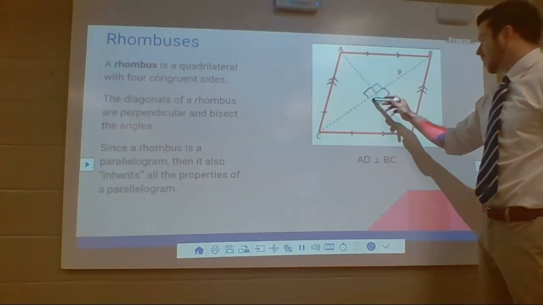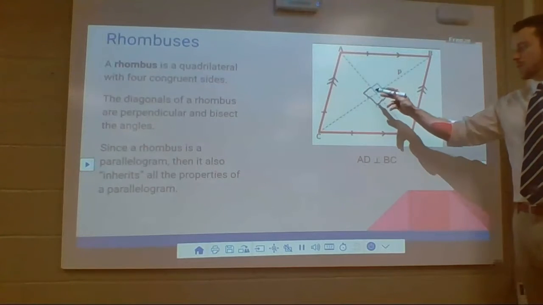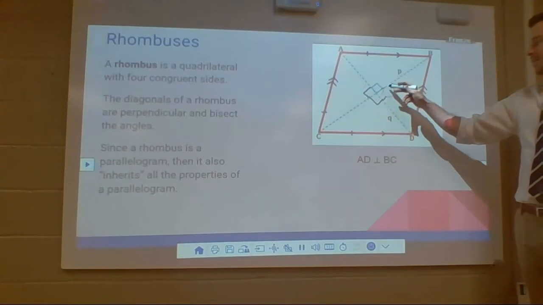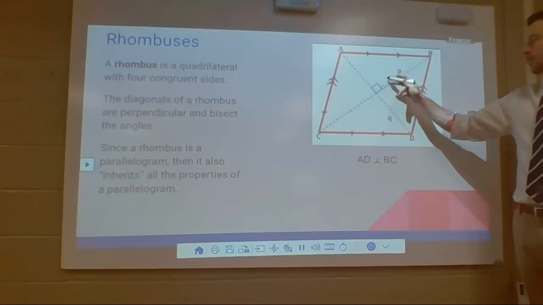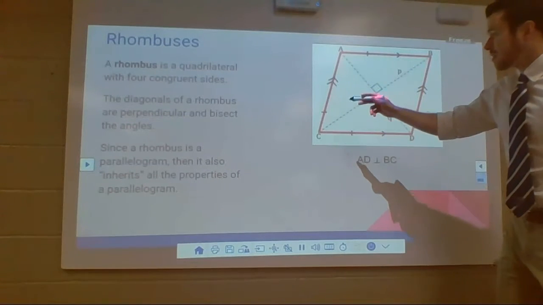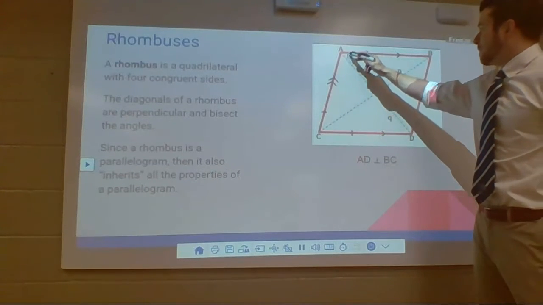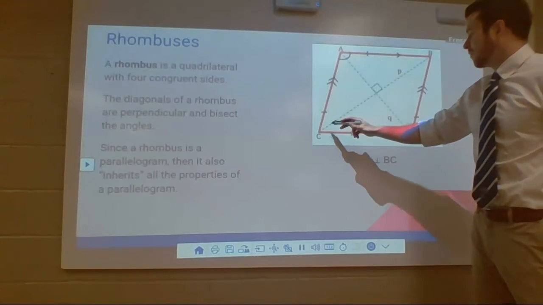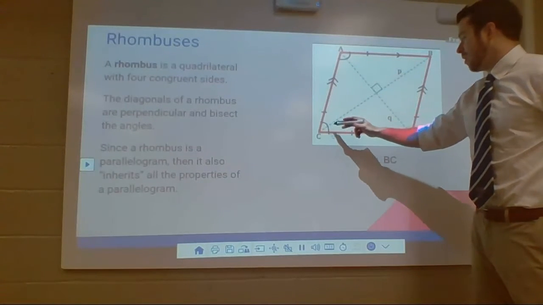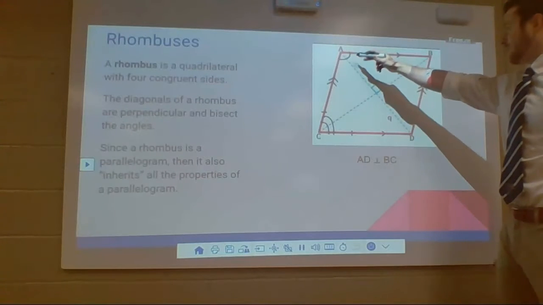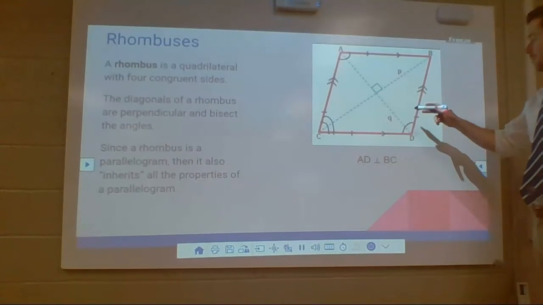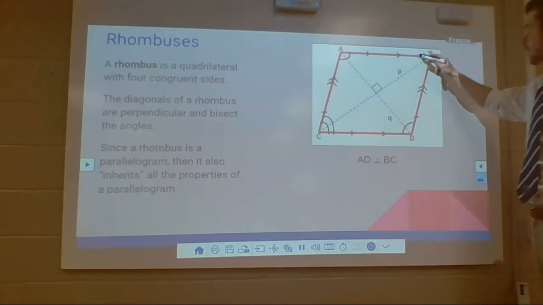So, the angles right here where the diagonals intersect form 90-degree angles. They are perpendicular. These diagonals also bisect the angles. Okay, they cut them in half. And remember, it's a parallelogram, so the opposite angles are going to be congruent.